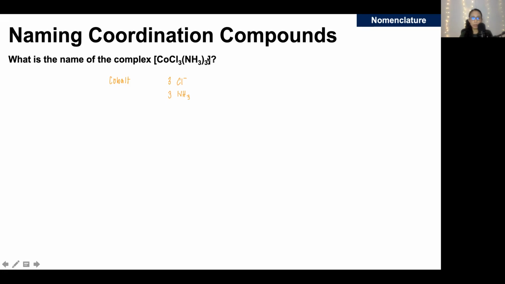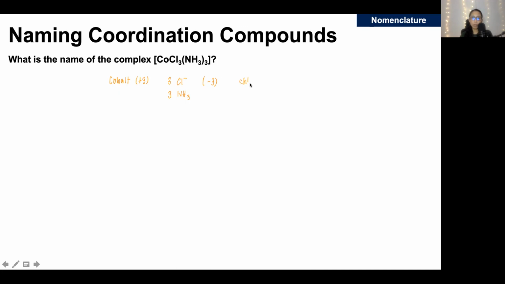The whole complex is neutral. There's no net charge. So from the ligands, we have a net charge of -3 because ammonia is neutral. That makes our cobalt's oxidation state +3, right?